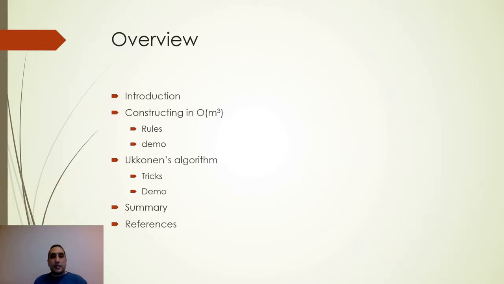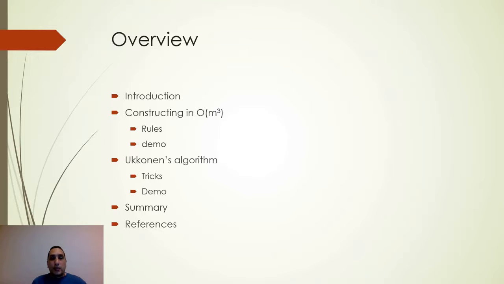The presentation is divided into a few sections. The first section is the introduction, where we'll introduce the suffix tree and talk about the benefits of having one. Then we'll dive into constructing the suffix tree with the naive O of M cubed algorithm, learn some rules, and demo an example.